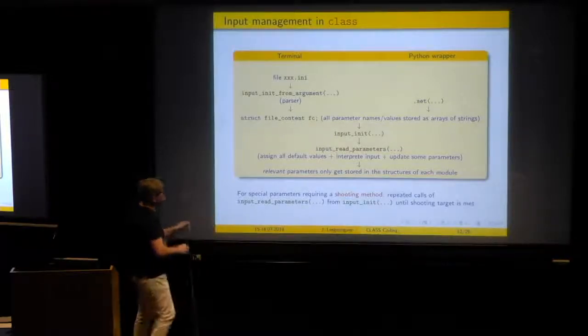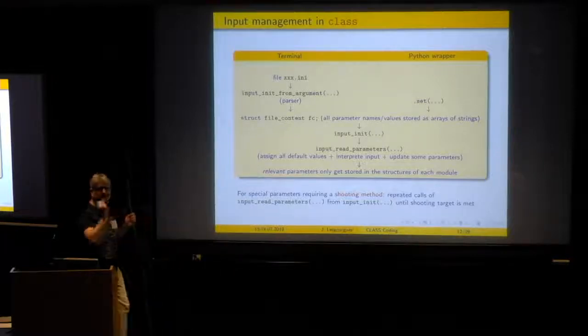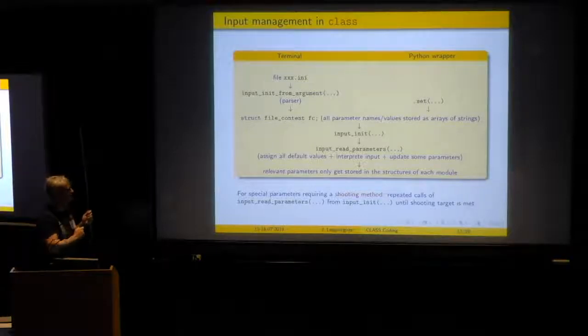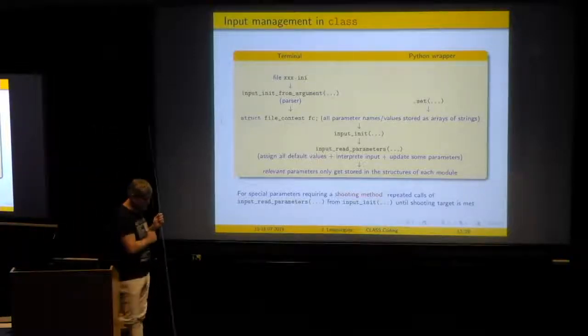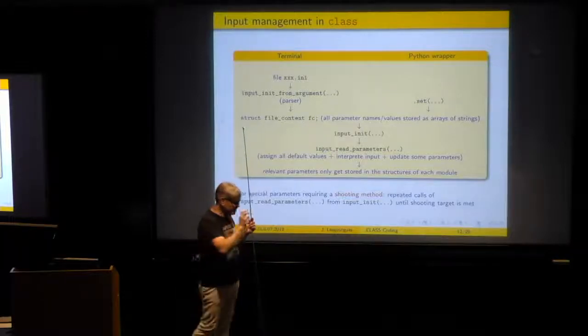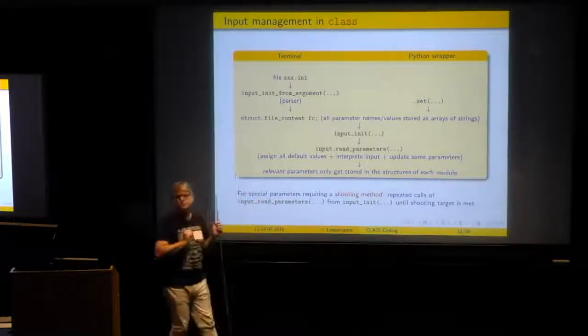So after all this logic, the code is able to assign the values of all these input parameters at the beginning of each structure. So for instance, maybe it will forget about the value of the CMB temperature, but it will store big omega gamma, which is what the code really wants to normalize the density of the photons.